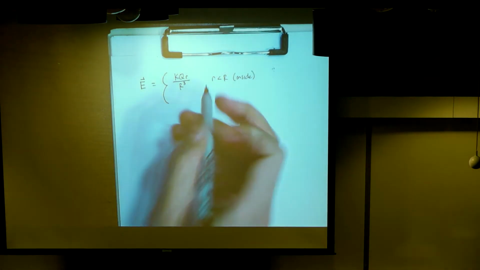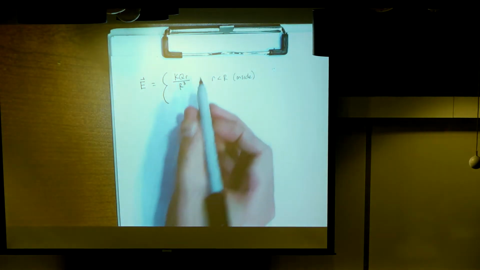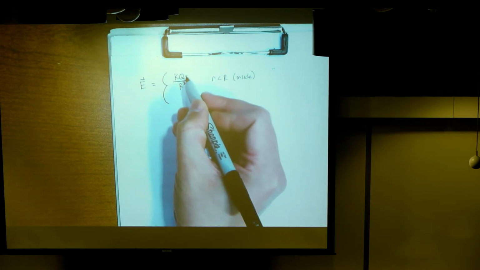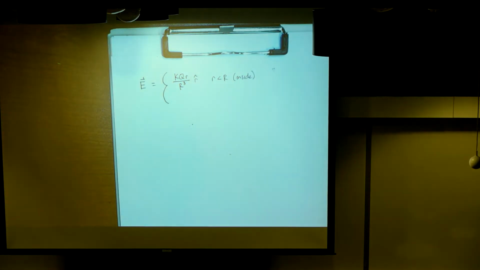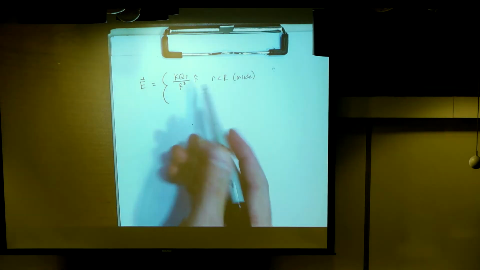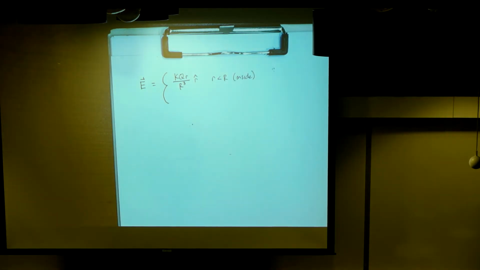So if we're on the inside of the sphere, this is what the E field looks like. It actually grows as we get further out from the center. And I'll put a little r hat unit vector next to that just to remind us that if we have a spherically symmetric distribution of charge like this, the E field is going to be pointing radially outwards. Okay?